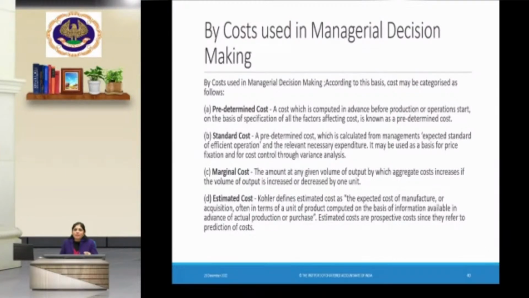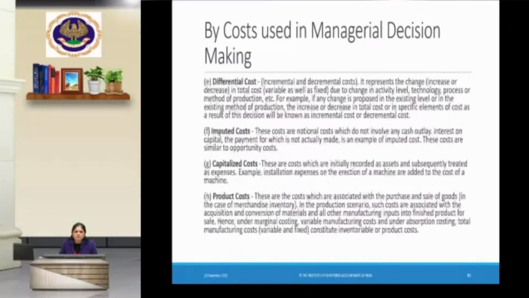By 1 unit, the cost increased by rupees 50. So 50 is the marginal cost. Estimated cost, again, is all used interchangeably. Predetermined, standard, estimated cost is all about the prospective cost on the basis of past experiences.